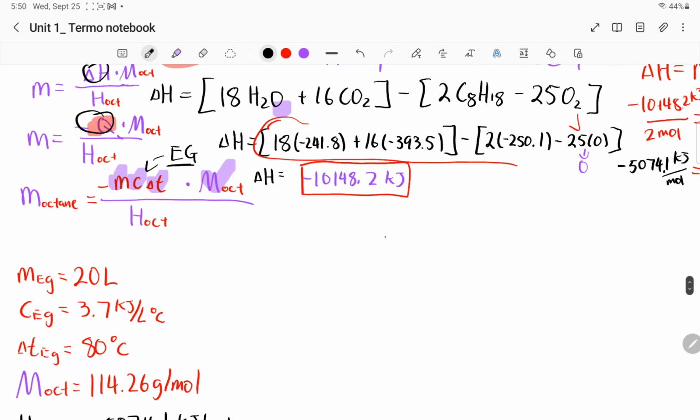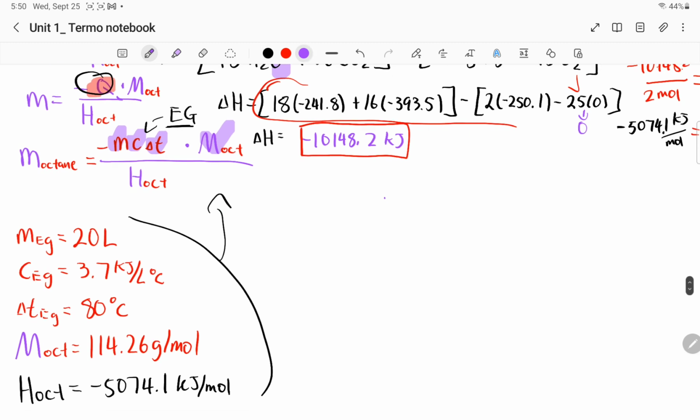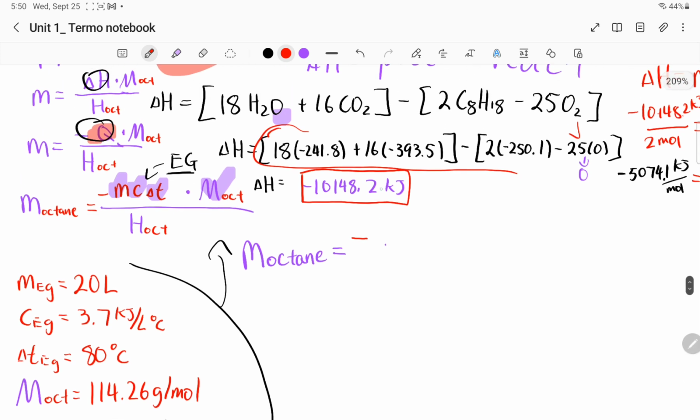So now we're going to be plugging all the numbers we have here into that formula that we derived. So we have our mass of octane. That is equal to negative the mass of ethylene glycol, which in this case is more volume, but it's whatever.